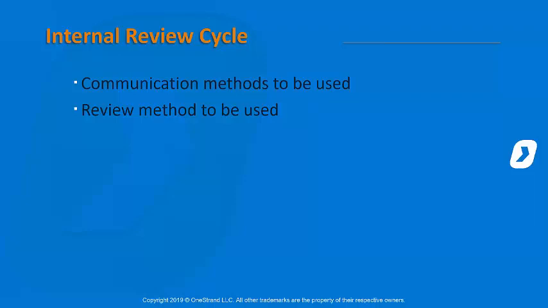So again, we want to make sure that we're thinking of all of the different processes that we're going to use to manage that, and we want that all documented in our business rules. So that's the sort of thing that we need to consider for internal.